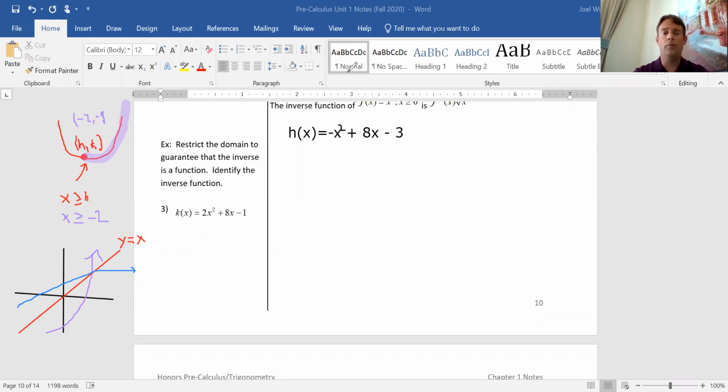Okay, so again, complete the square. We have to first factor out any number out of the first two terms that they have in common. In this case, notice the biggest thing we want to factor out is there is a negative here. We really want to get that negative out of there. So let's do that. We have h of x. We're going to take that negative out of it.